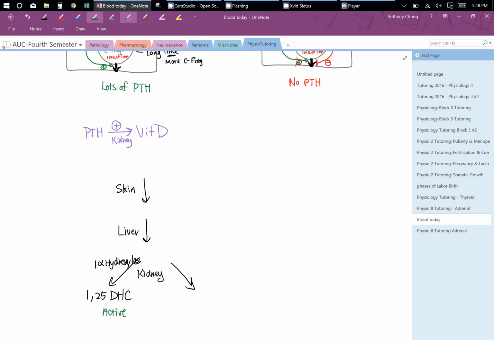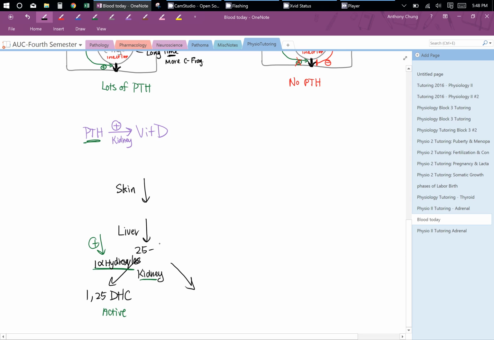But what I want you to see is that PTH is going to upregulate this step, 1-alpha hydroxylase, and this occurs in the kidney. And this is a 25 hydroxycalciferol.